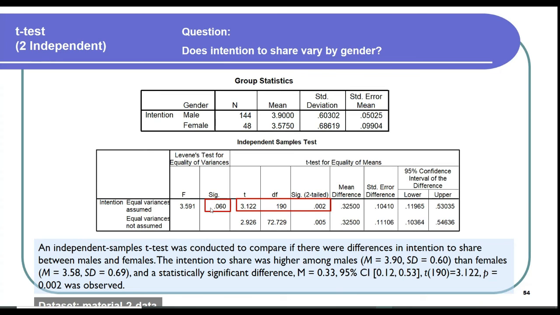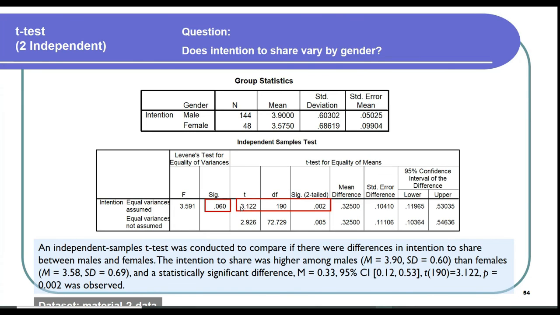But if your Levene's test is not significant, which is the case in this example, more than 0.05, you should consider equal variances assumed. So you need to read the first row, which is over here. So our test is significant.